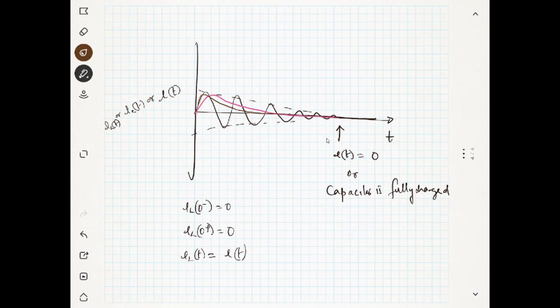So different kinds of responses are possible according to the value of R, L and C. If you change R, L and C, the responses also will change. I hope this is clear to you, the logical explanation. There are only 3 responses: underdamping, critical damping, overdamping.